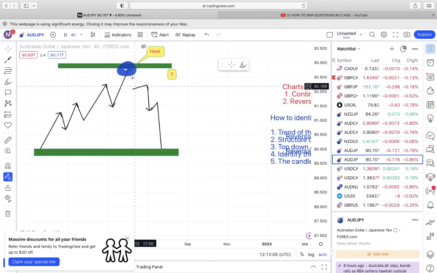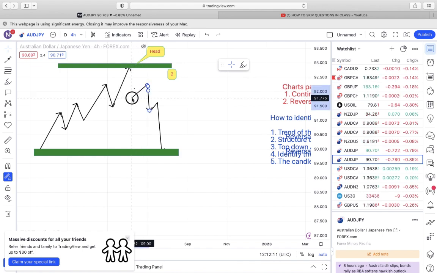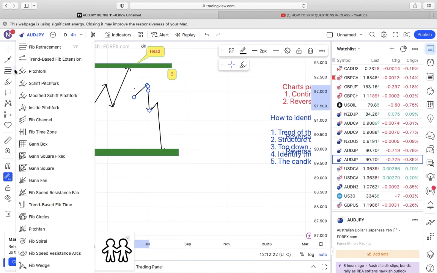First you identify the trend of the market, and I had already identified the trend of the market, as you can see. Then the next thing you do is identify the structure.